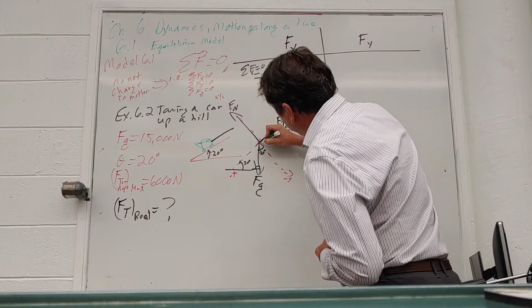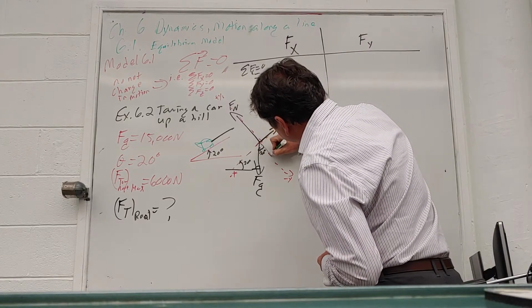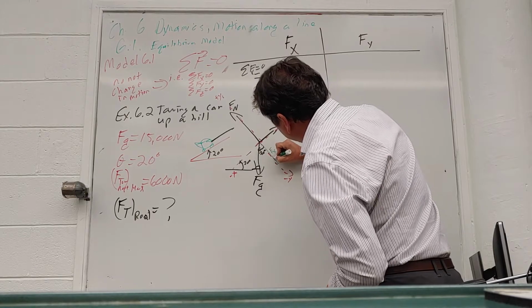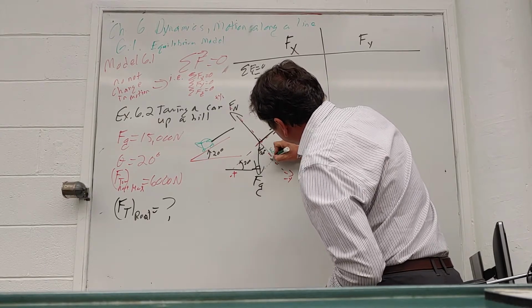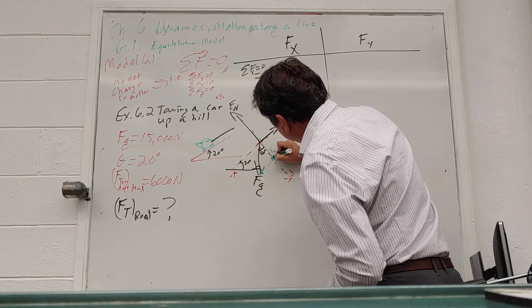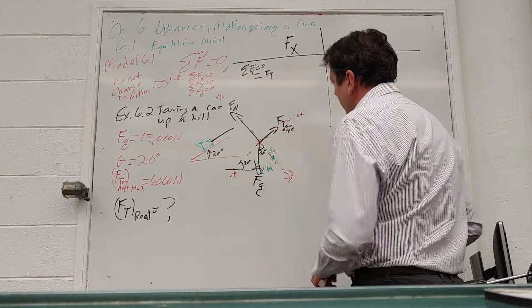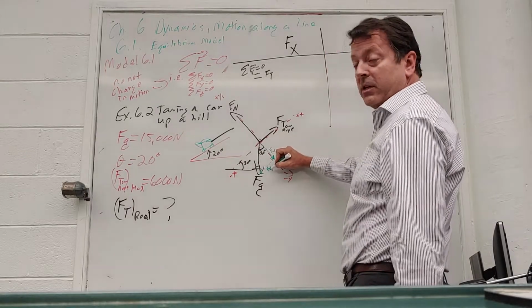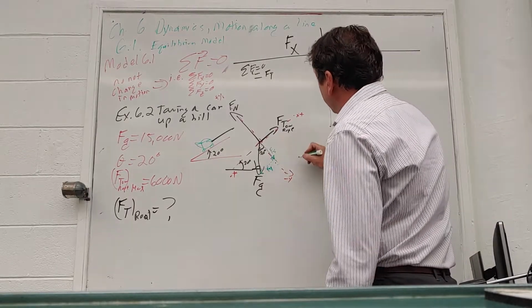So what we can do is call this the X component of that tow rope. That's a right angle there. This would be the Y component. That would be the X component. So the Y component, compared to 20 degrees, is opposite 20 degrees. So that's sine.